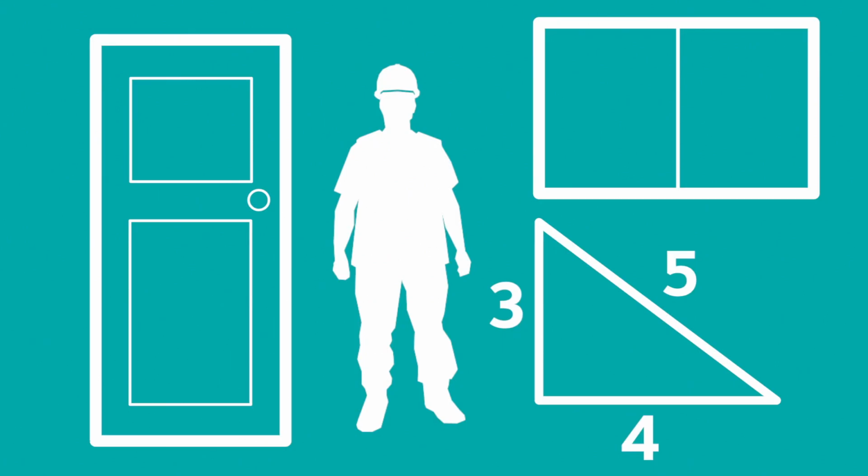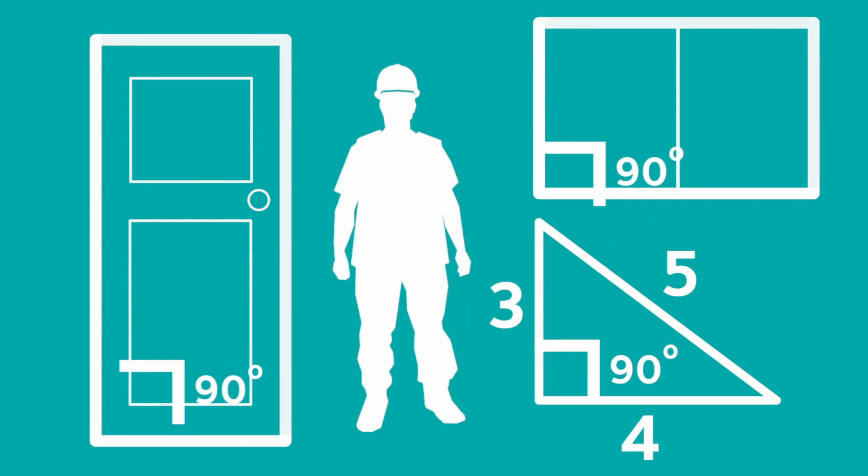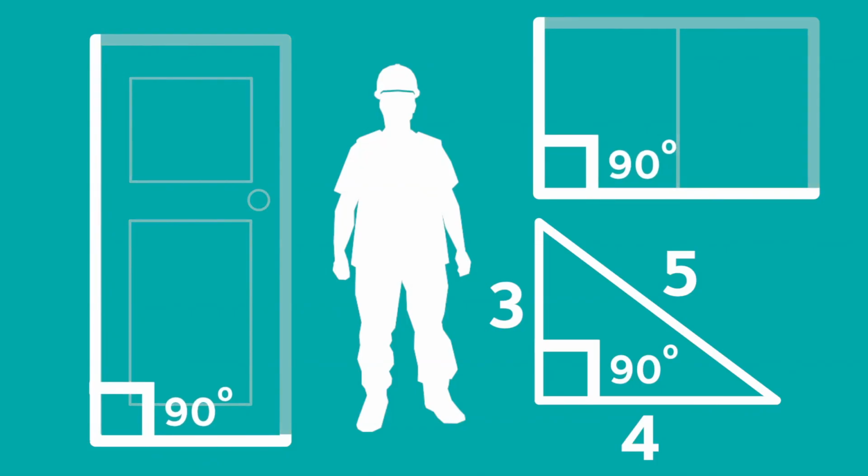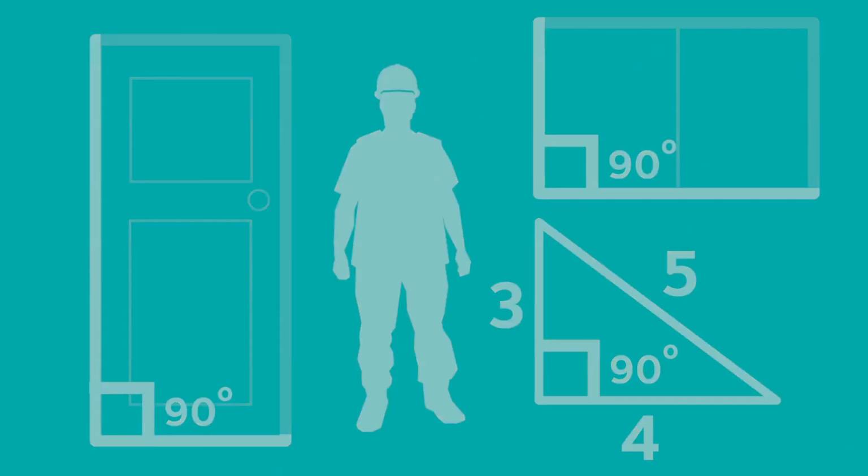If they've got a 3, 4, 5 triangle, so one side's 3 units long, whatever that might be, the other is 4 units long, and so long as the hypotenuse is 5 units long, that corner where the 3 and the 4 meet is going to be very square. So many builders use that notion. In actual fact, they're using Pythagoras that they learnt at school in an everyday context and using it very successfully. But they won't call it Pythagoras, they'll just call it a 3, 4, 5. So this is the difference between numeracy and mathematics.